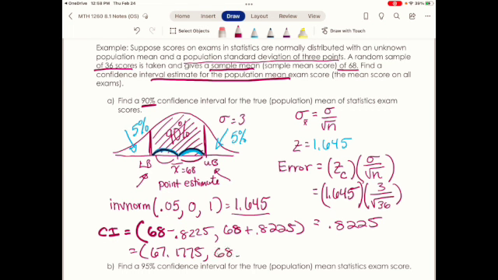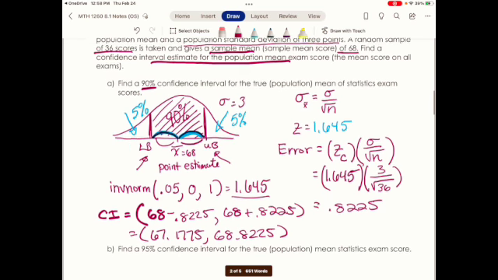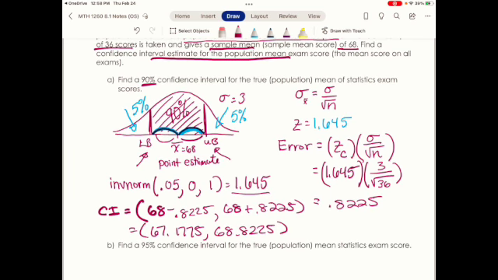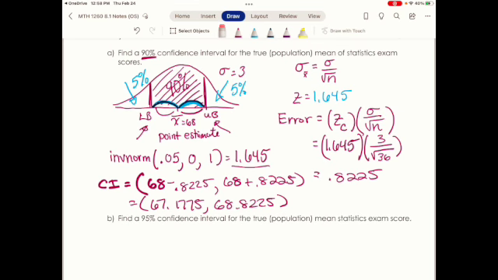And for my upper bound, we're going to get 68.8225. So what this means is, if I were to write an interpretation, I could say that I'm 90% confident that the population mean is going to lie between 67.1775 and 68.8225.